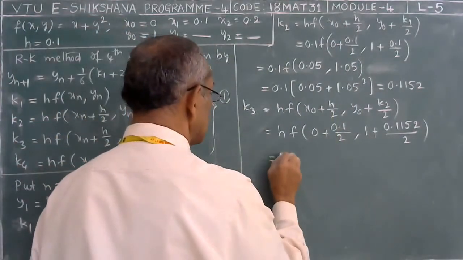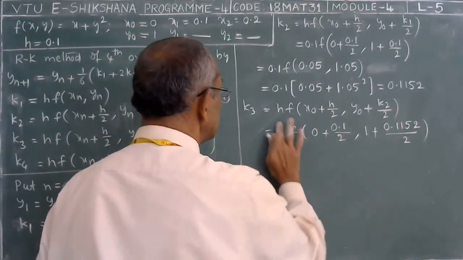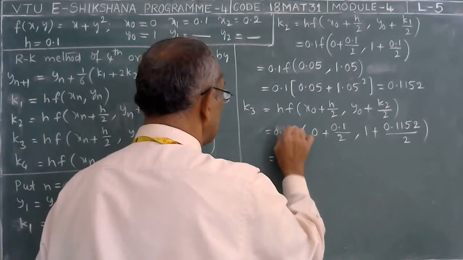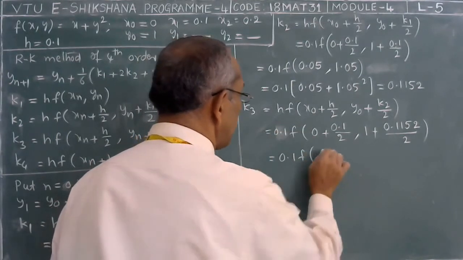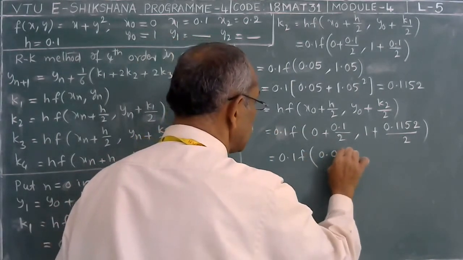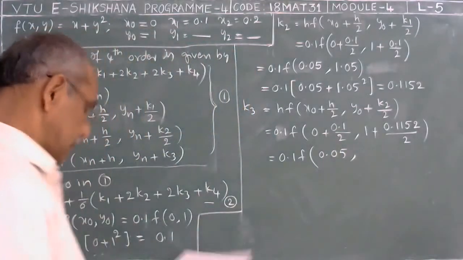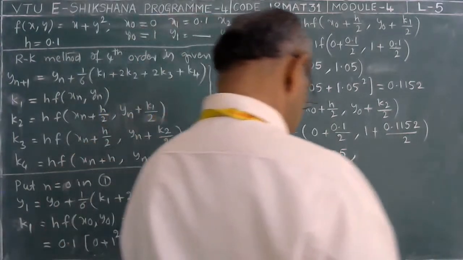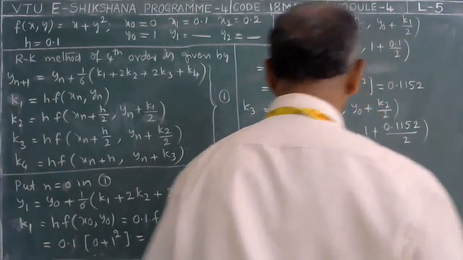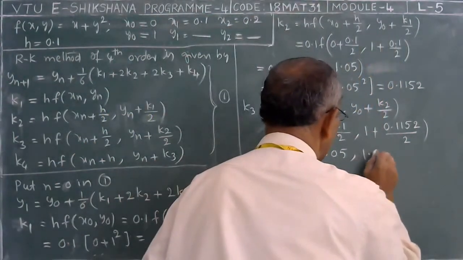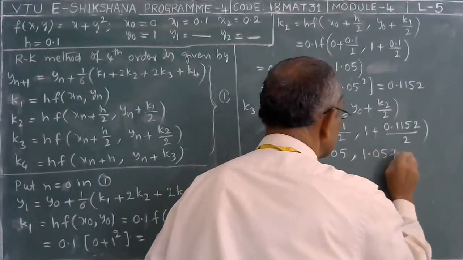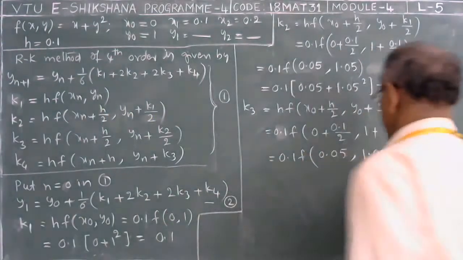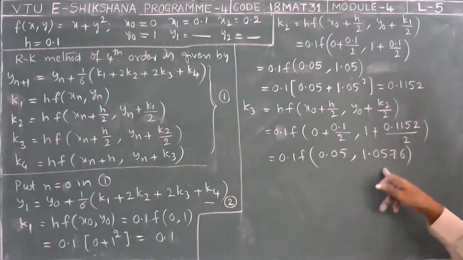Simplify this: 0.1 into f of 0.05 comma 1.0576.